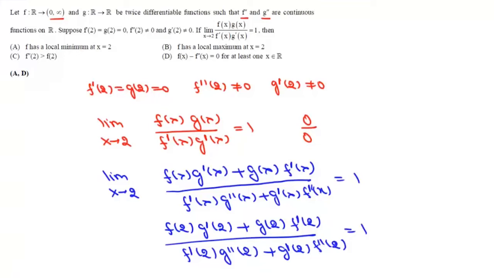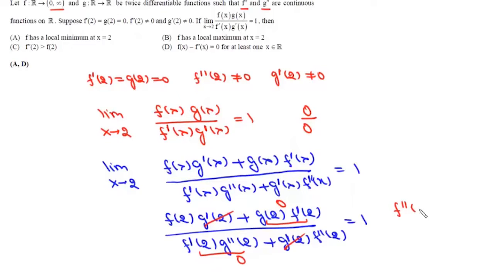Now we know that g(2) is 0, so this expression will be 0, and also f'(2) is 0, so it will also be 0. Now g'(2) and g'(2) will cancel. So we'll get f''(2) equals f(2), which is unequal to 0.